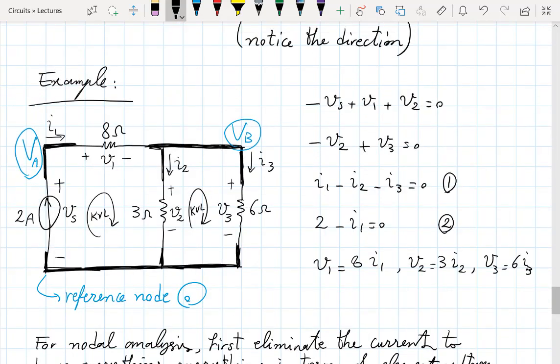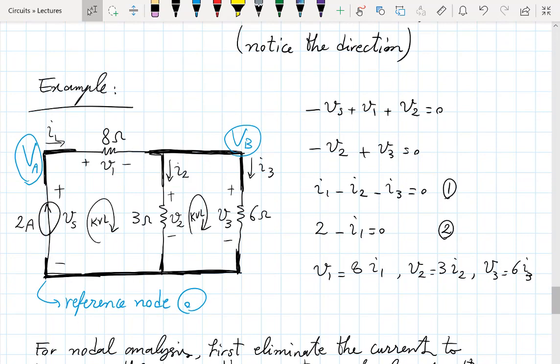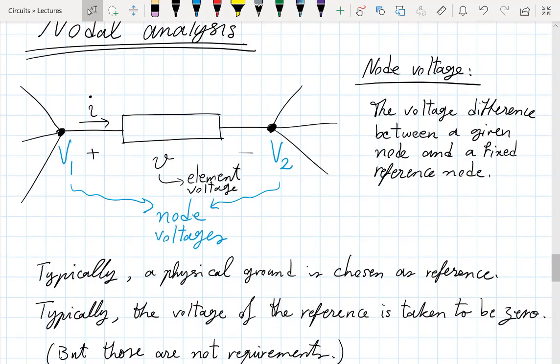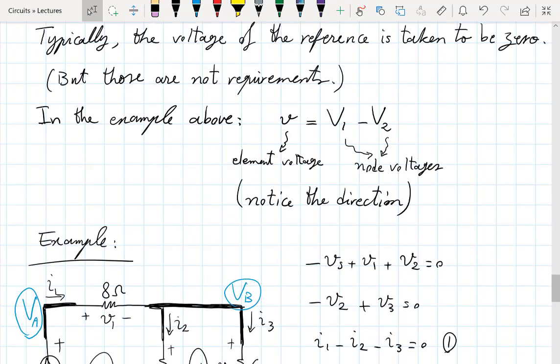So if we go to the circuit, let's look at the connections between these element voltages and node voltages. And remember the definition with the polarity that we had up there. So if you have an element voltage V like that, that's that node voltage minus that node voltage with that direction. OK? So let's apply the same concept here.